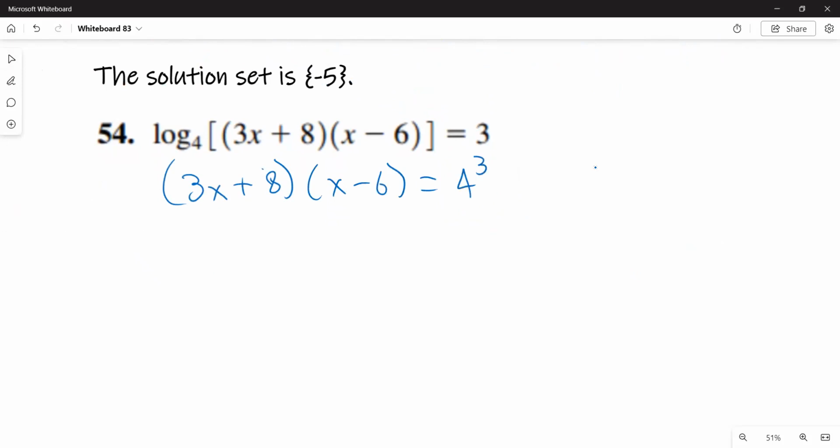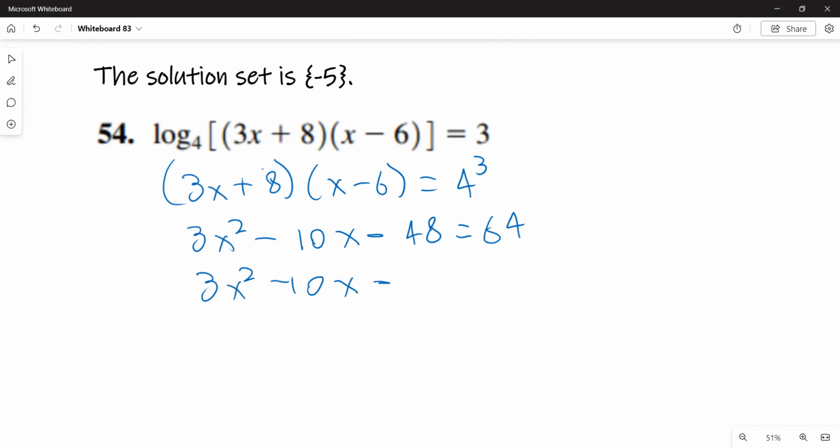And then 3x plus 8 times x minus 6 is going to be 3x squared, and then 6 times negative 6, so that's minus 18x plus 8x, so that's going to be minus 10x minus 48 equal to 64. So subtract 64 from both sides, and 3x squared minus 10x minus 112 is equal to 0.